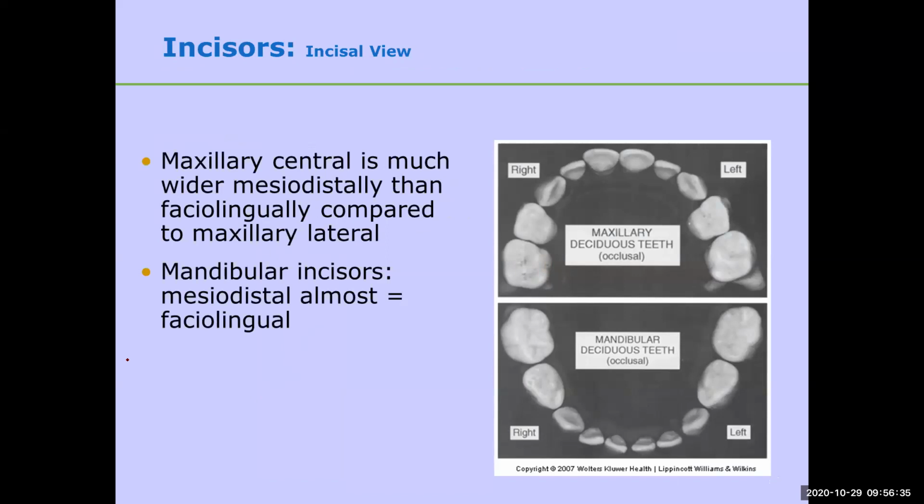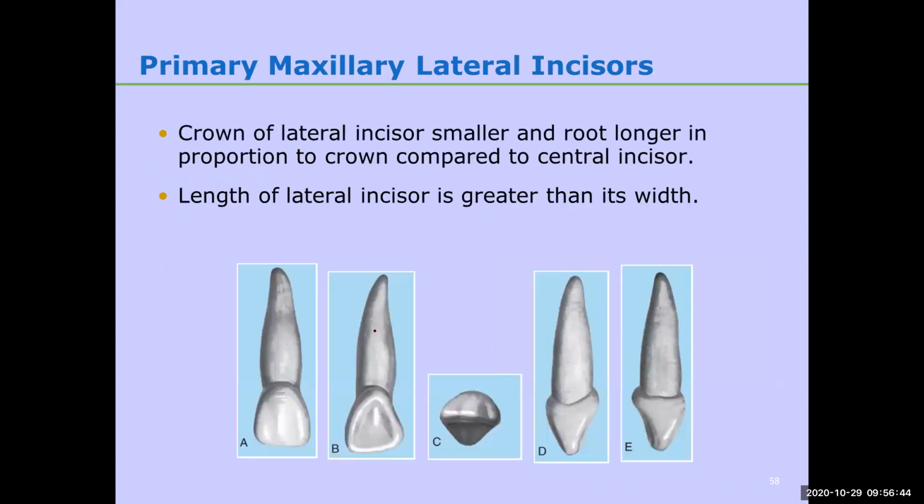The mandibular incisors are almost equal. So the lateral incisors, deciduous or primary maxillary lateral incisors, they're smaller and the root is longer in comparison to the central counterpart.